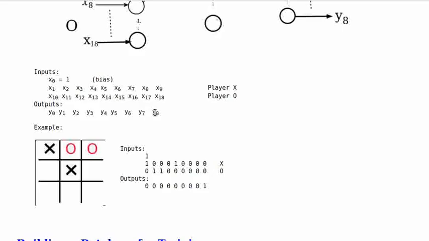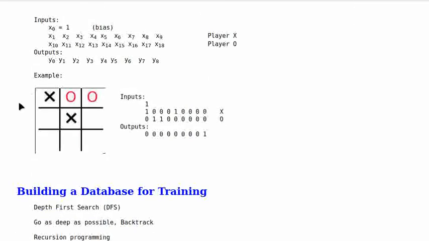For example, say in this board, the inputs and outputs will be like this. Because this is marked by X, this is 1. This is X0, which is always 1, which is the bias. And then we have O's, that's represented by these X values. So that means X11, X12, we get 1.